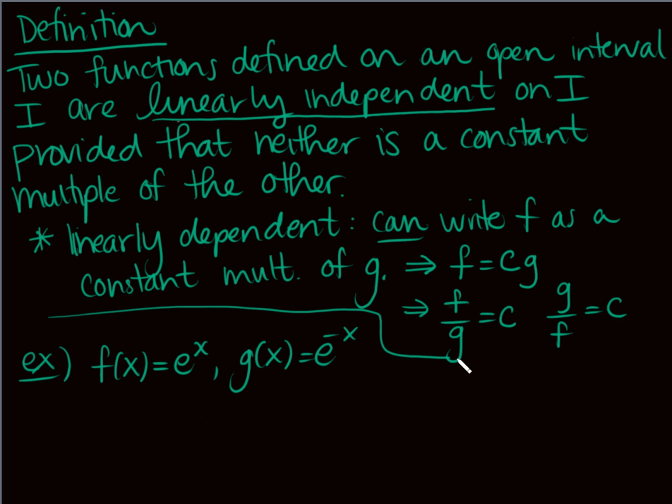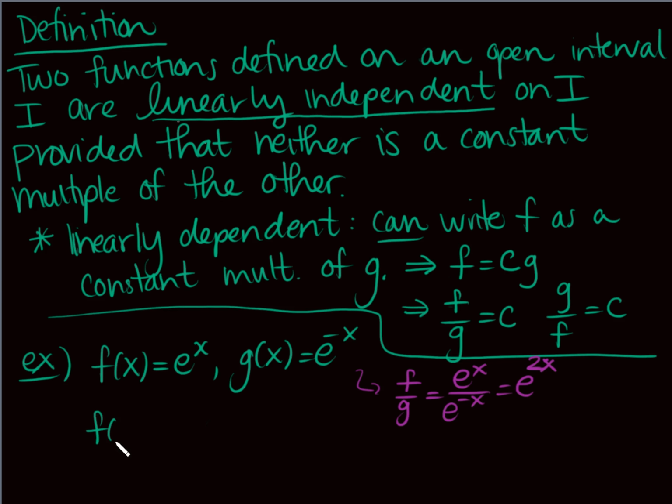Obviously these are not linearly dependent, because I cannot write one as a multiple of the other. If I try f over g, e to the x over e to the negative x equals e to the 2x, which clearly is not a constant.